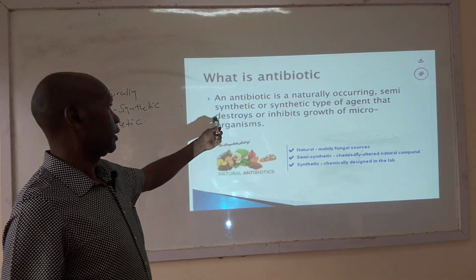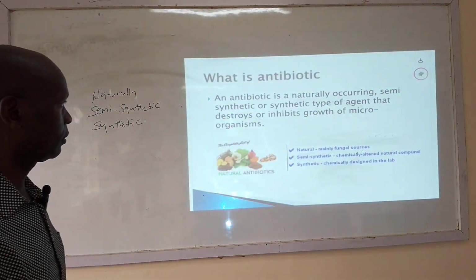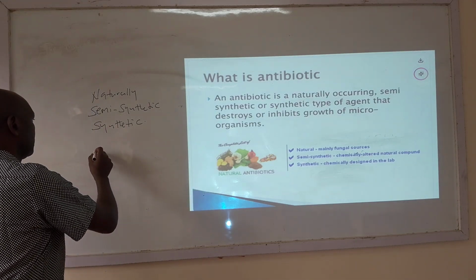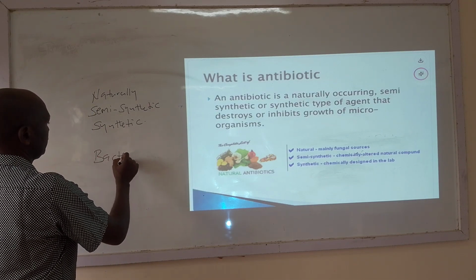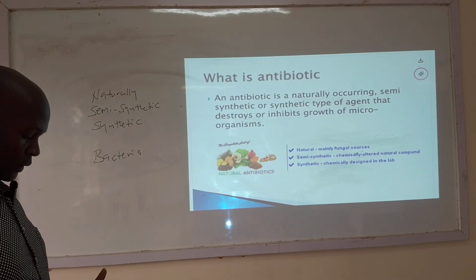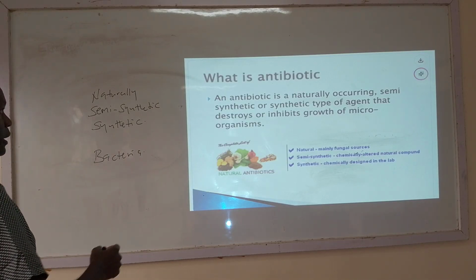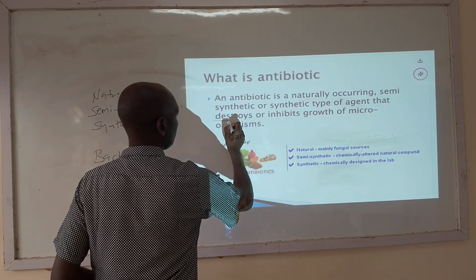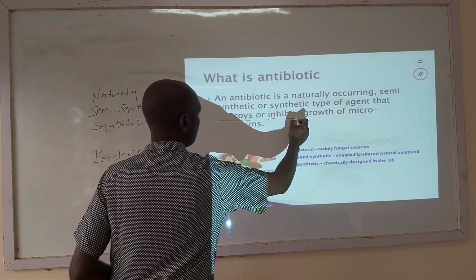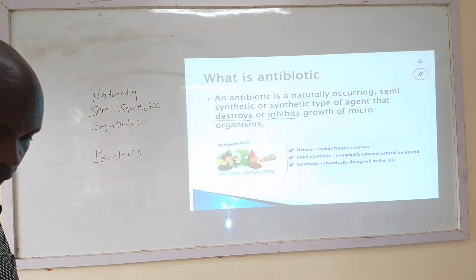So they destroy or inhibit growth of microorganisms, in this case bacteria. So from this definition, they work in two ways: through destroying the bacteria or inhibiting the growth of a bacteria.